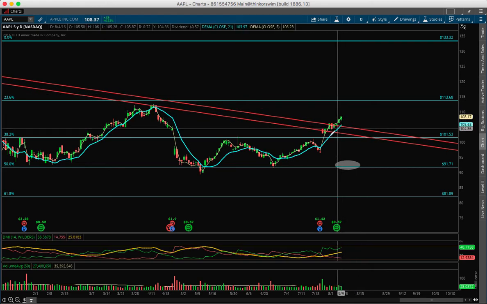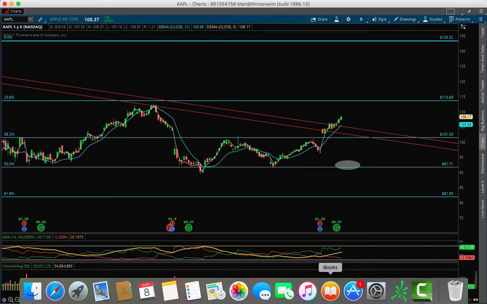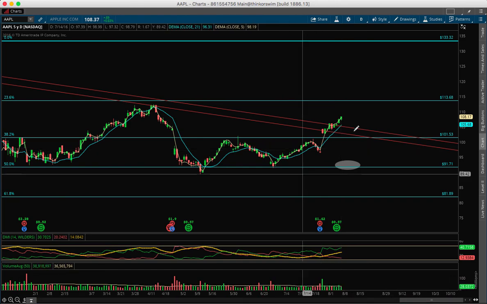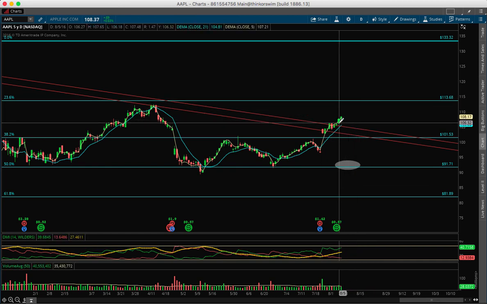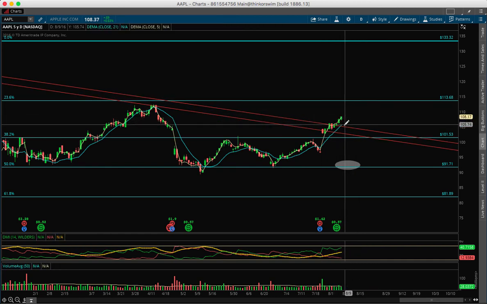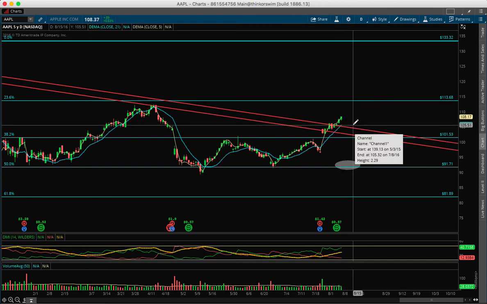If it goes right here and tests the 20 double exponential, which is around 105, 106, that will be an awesome trade if you enter around that number. But if you want to hold it long term using the stock, 114 is the target. Maybe it's going to break out that level, but I think when it goes to 114, it's going to be ready to pull back. But I'm waiting, so if it pulls back to 105, 106, I'm going to go long with the target 114.